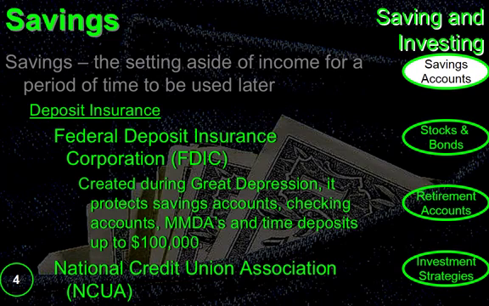And so they instituted the Federal Deposit Insurance Corporation, known as the FDIC. What this does is that banks are required to pay essentially an insurance fee to the FDIC for the money that it has in the bank.